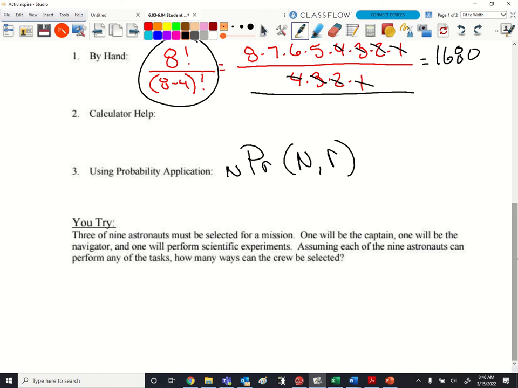Because I'm going to choose the first person to be captain, second person to be navigator, third person to be science. Yes, they can all do the job, but the position you're picked for does matter because that's the job you need to do. So if order matters, what type is this? Permutation.